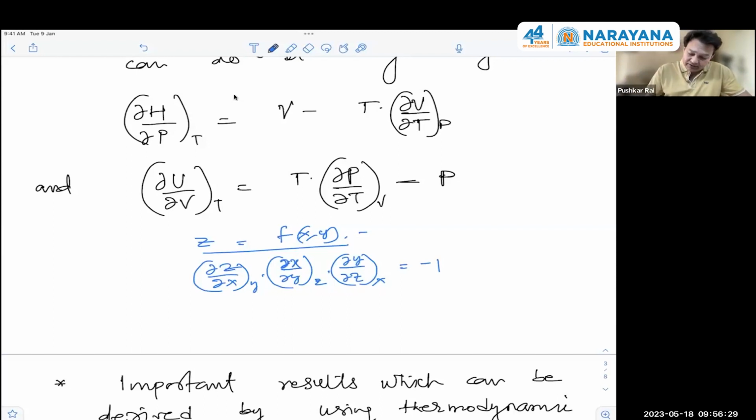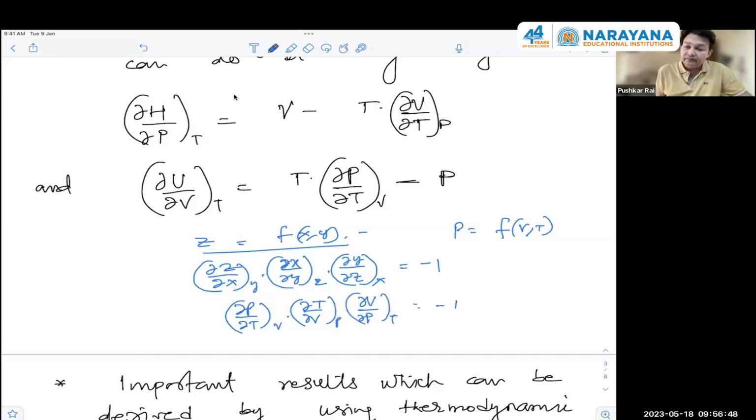Here x, y and z could be: P is a function of V and T. So what can you write? Del P by del T at constant V into del T by del V at constant P into del V by del P at constant T is equal to minus 1. These quantities are used extensively in thermodynamics.